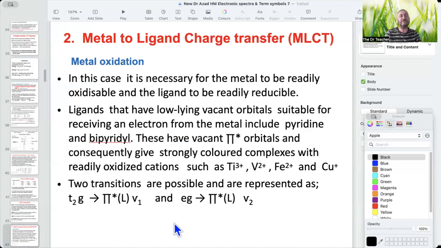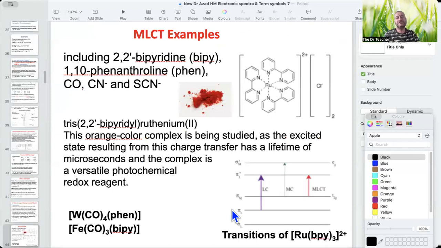Metal to ligand charge transfer. So you have here, as we talked about, bipyridyl. If you have empty orbitals in the antibonding of the ligand, you can transfer electrons from the metal to the ligand. So the ligand has to have pi star empty. You can see from T2G, transfer to the pi star, from EG to the pi star of the ligand.